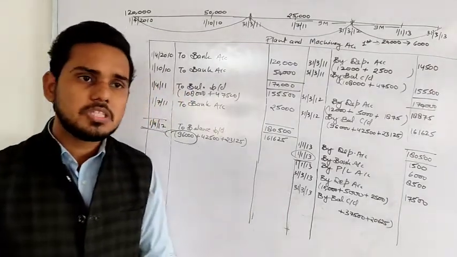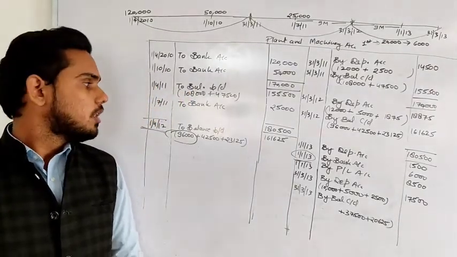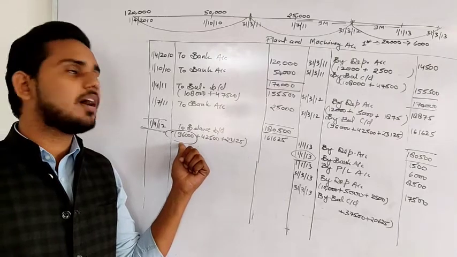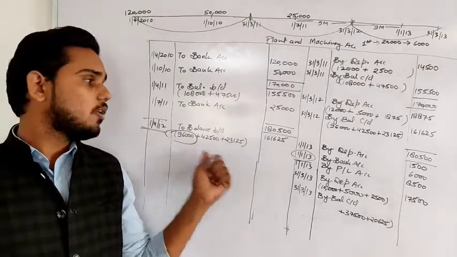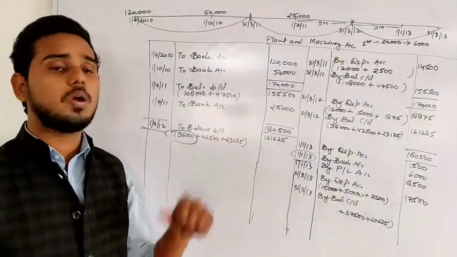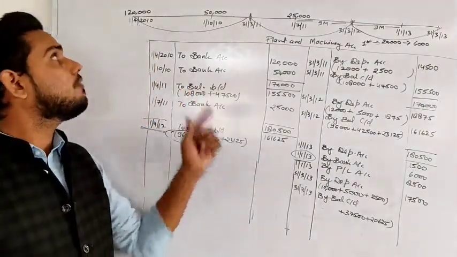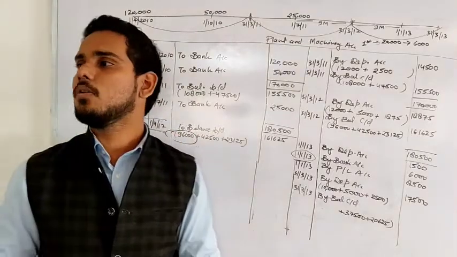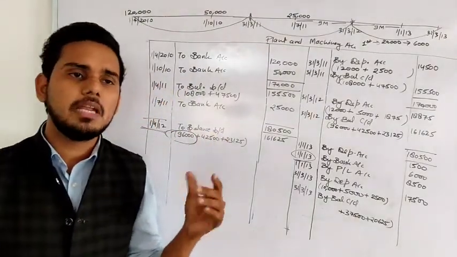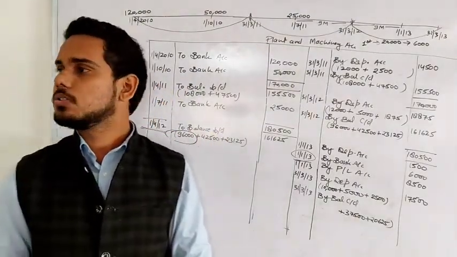But with first machinery, the point is the opening value of 96,000 is there. We cannot deduct this depreciation 10,000 from 96. Why, sir? Because this is the value of the complete 1,20,000 machinery, and from that complete we sold a part of 20,000.